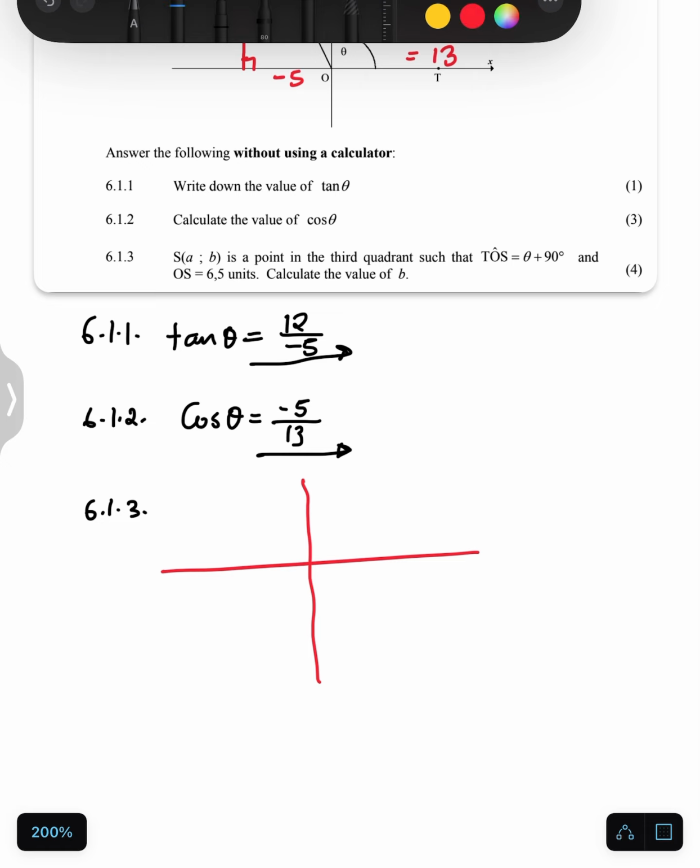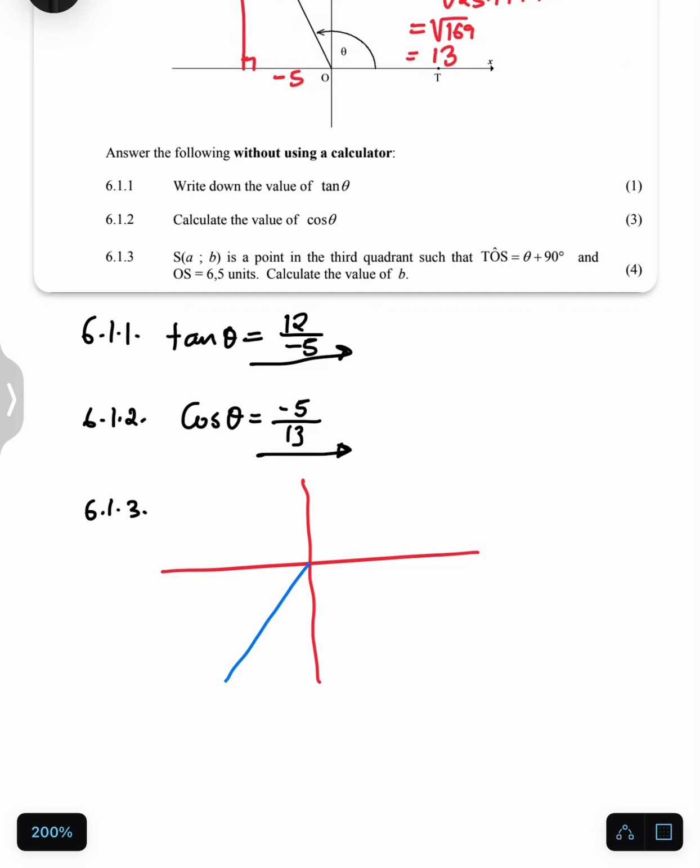So S is in the third quadrant, or that will be somewhere here. It doesn't have to be accurate as long as it's in the third quadrant. So if this is S with coordinates of A and B, where A is the x coordinate and then B is the y coordinate.